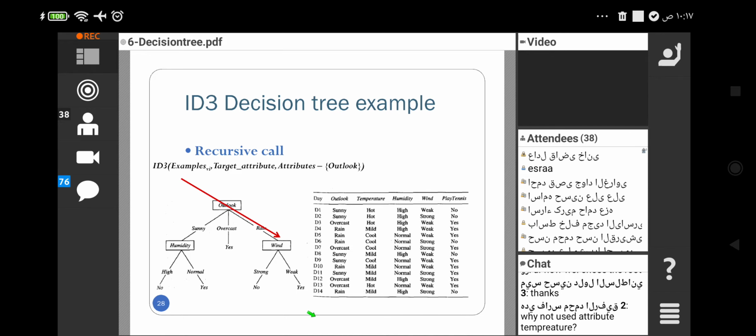Okay, Mr. Asif, you asked how do we choose the root node? The root node doesn't have any difference from other nodes. We do the same algorithm for the root node. We calculate the information gain, and the feature which has the highest gain is put in the root node.